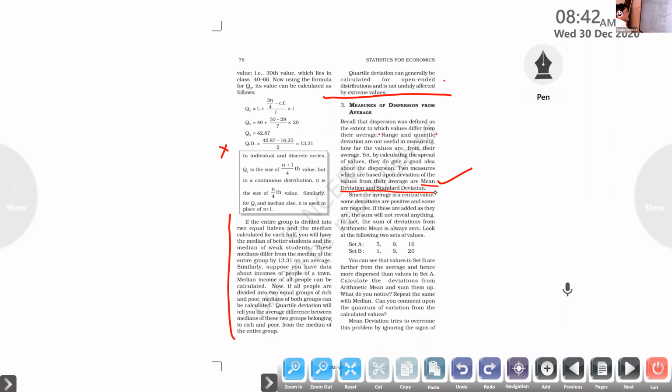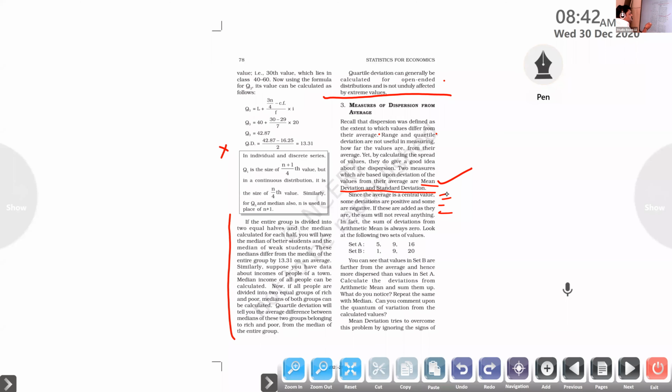If these are added as they are, the sum will not reveal anything. If you add all this negative and positive data together, it will not give an exact idea about that group and its average. In fact, the sum of deviations from the arithmetic mean is always zero. Just underline that.